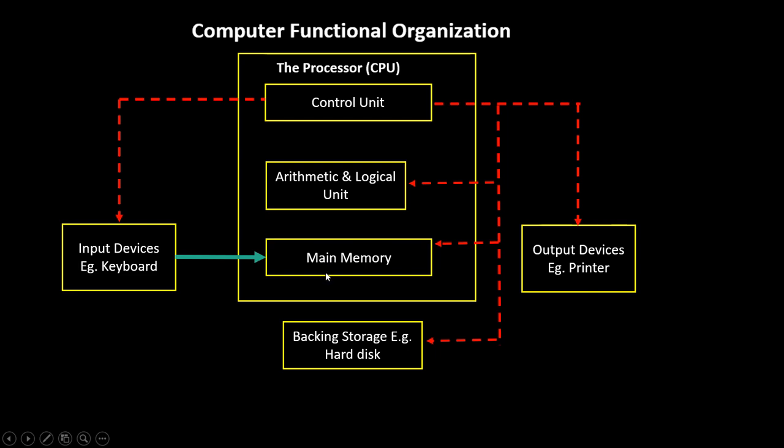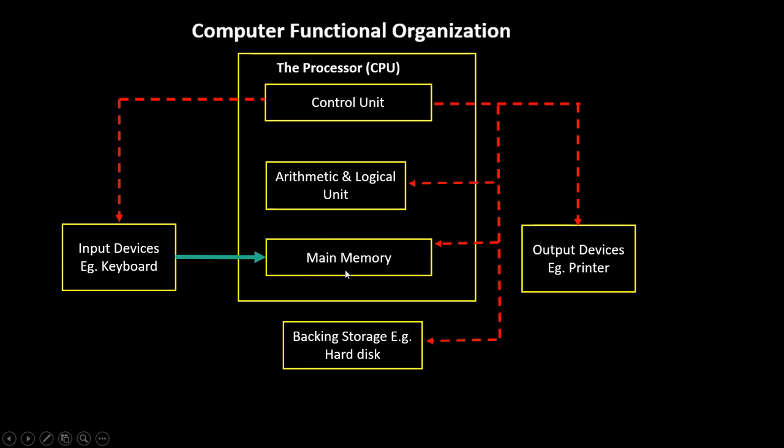There are other forms of memories which can store. Main memory will store, but there are other forms of memories. But the one which will receive any instruction from the keyboard, from the mouse, from any input device, is main memory.